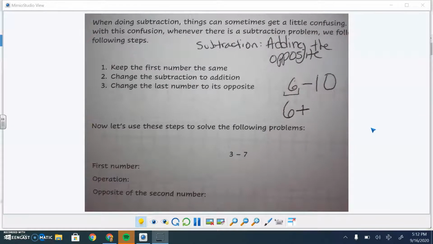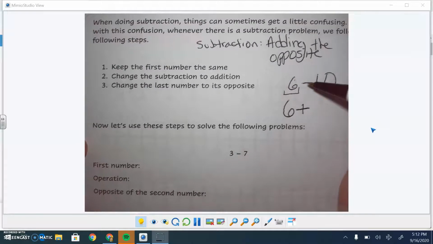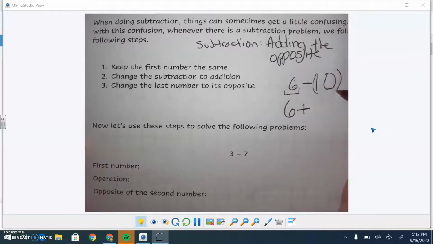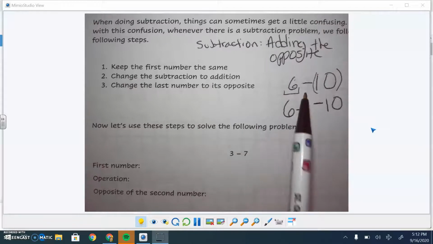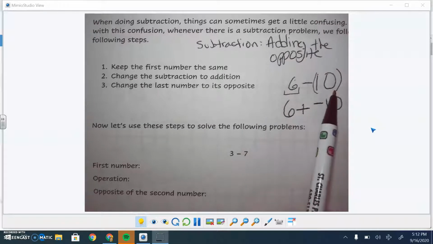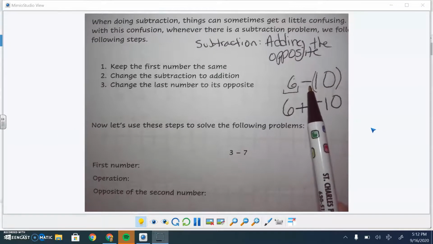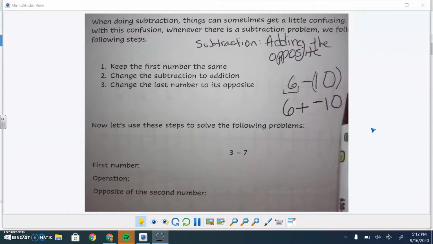Then it says change the last number so that it's opposite. It was 6 minus a positive 10, so instead of a positive 10, it becomes 6 plus negative 10. So we're taking this and we're adding the opposite. Anytime you see subtraction, think, I'm going to add the opposite of the number that is there.